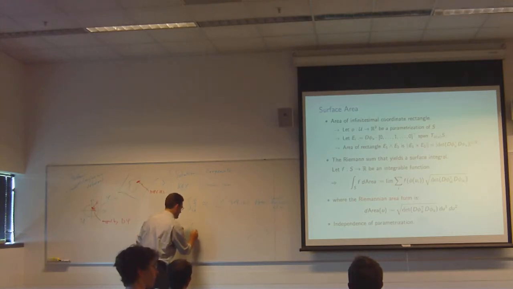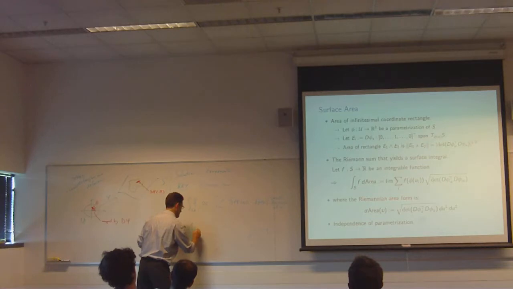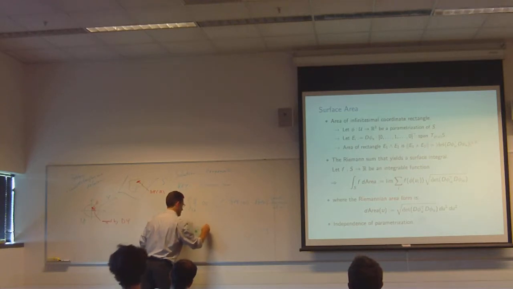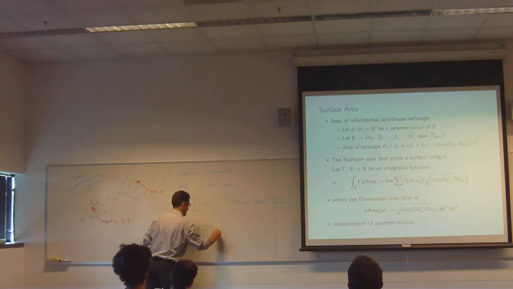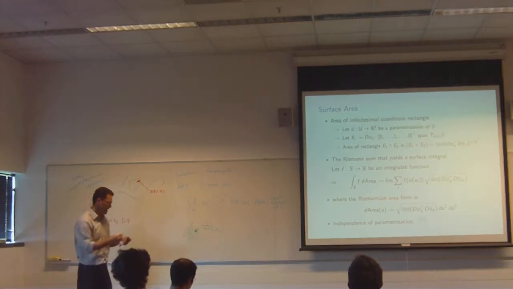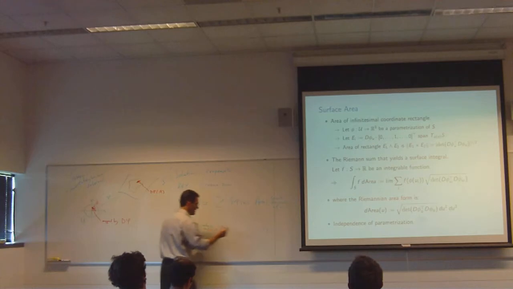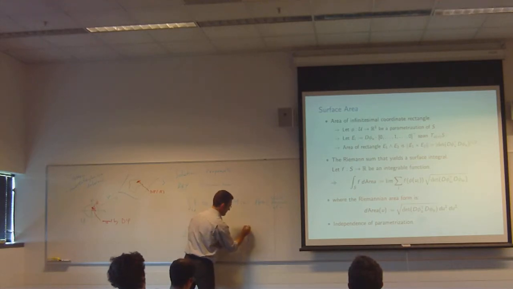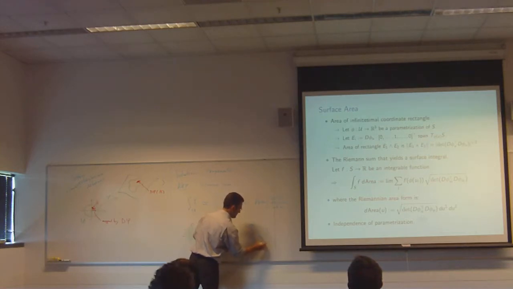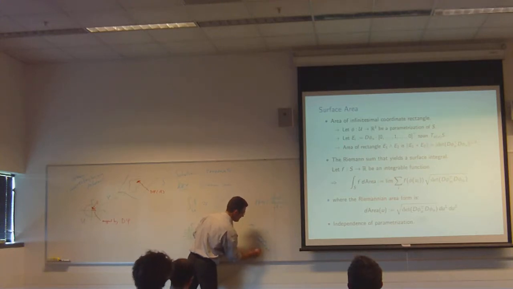And let's say this guy here is the rectangle centered at ui, and it gets mapped over to some lozenge over here, which is a lozenge centered at phi of ui.